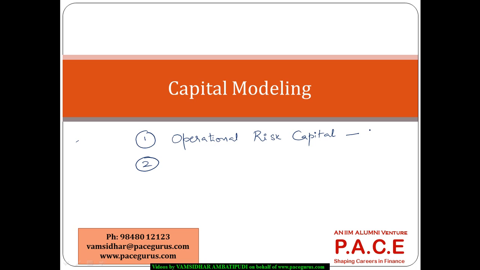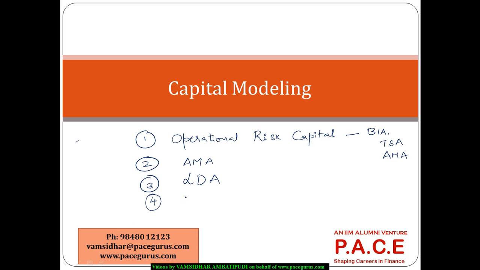category? So we'll talk about the basic indicator approach, the standardized approach, and an advanced management approach. And we'll spend some extra time in terms of understanding what this advanced management approach is bringing into the system, which also includes specific usage of loss distribution approach for modeling the operational risk related capital.